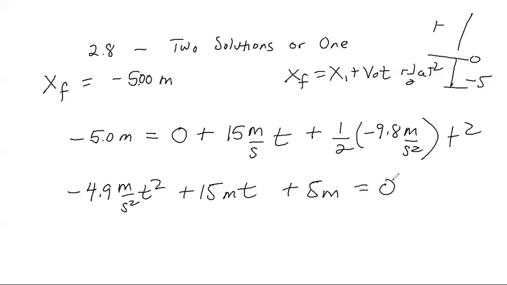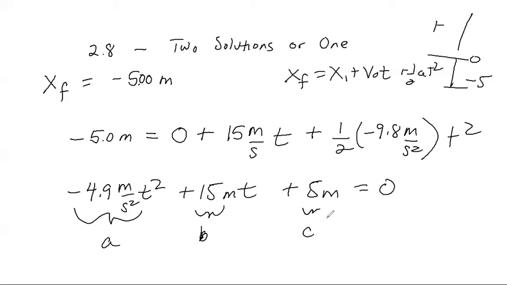If you can recognize this, this is a polynomial with our variable being t. So this is our constant a, this is our constant b, and this is our constant c.